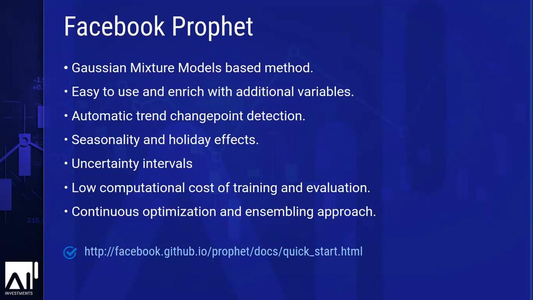Sampling can be done by training a neural network to choose which Facebook Prophet models can be used to predict the data. So we are using Facebook Prophet by training many models with different parameters, and then using the neural network to choose which models should be used for the given particular forecasting.